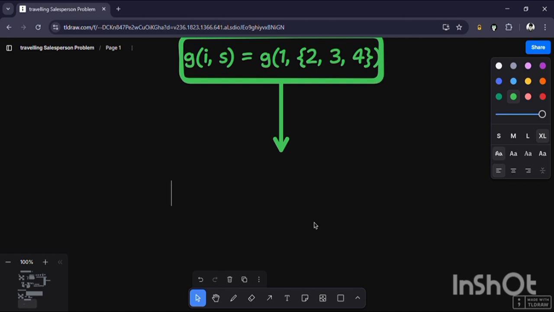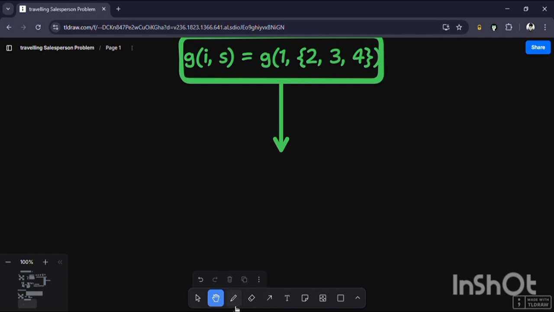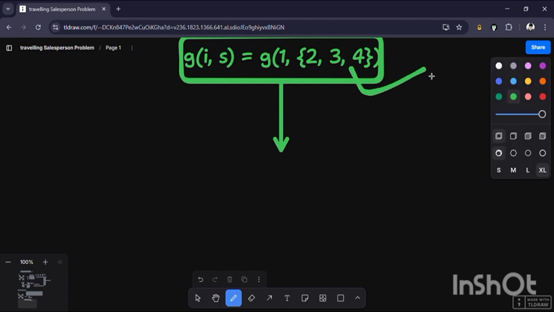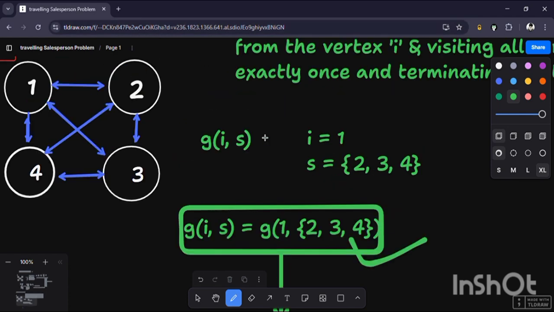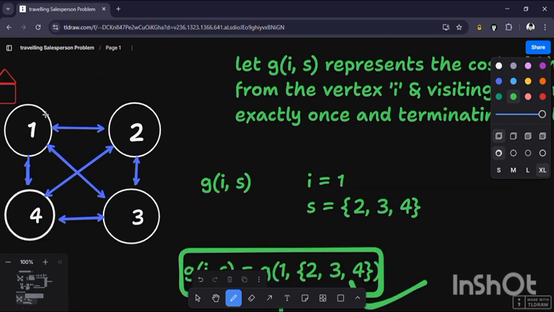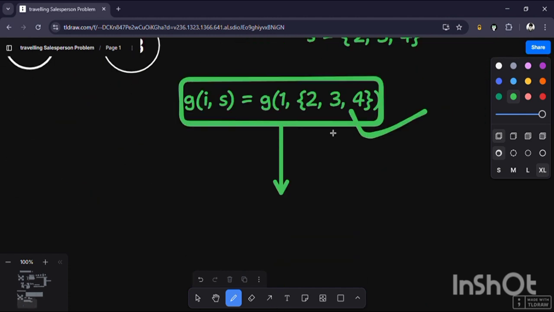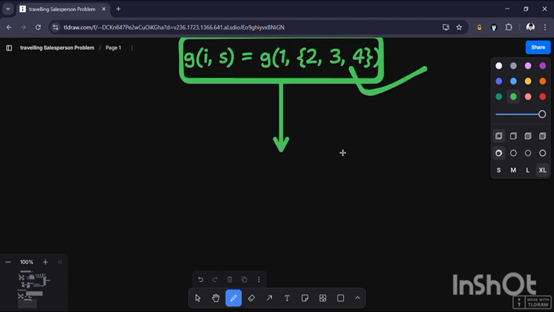What does this represent? G of 1 and this value, what does this represent? This represents the minimum cost of all the paths possible from 1 to again 1 by reaching all the vertices exactly once, right? So this means all the paths, and among those paths the minimum path is the answer of this function.